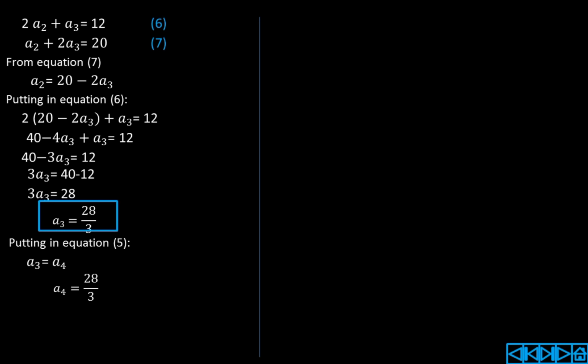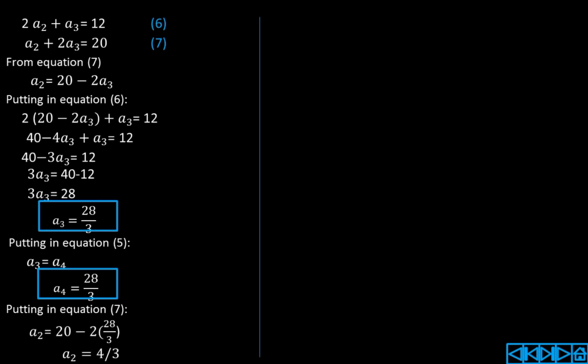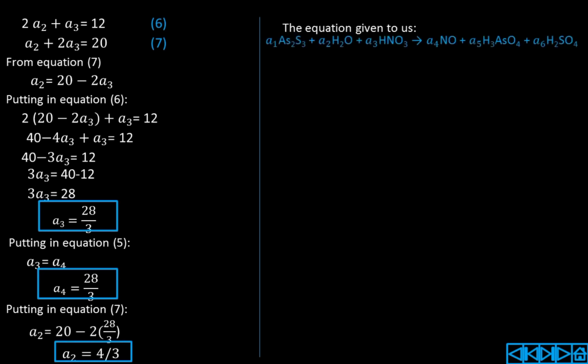So the a4 value comes out to be 28 by 3. The last value of the stoichiometric coefficient that is left is a2. If we put all these values in equation number 7, we get a2 equal to 4 by 3.